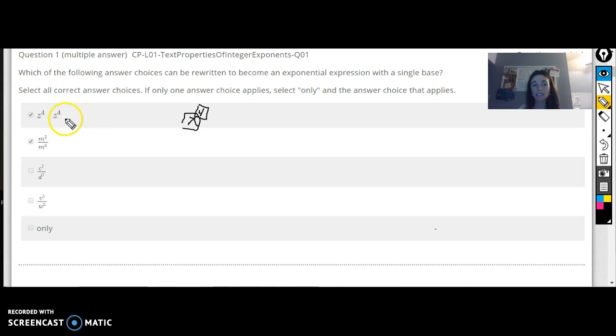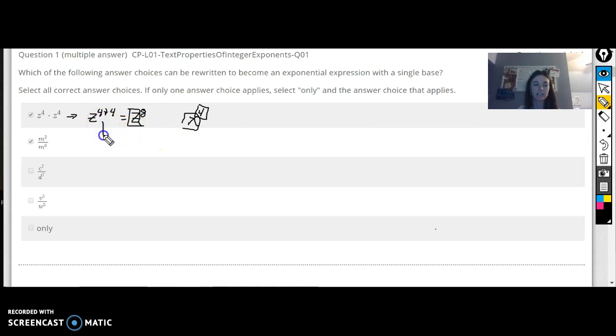So z to the 4th times z to the 4th can be written as z to the 4 plus 4 power, which equals z to the 8th. Notice I have one single base and one exponent, so that qualifies as an exponential expression with one single base.